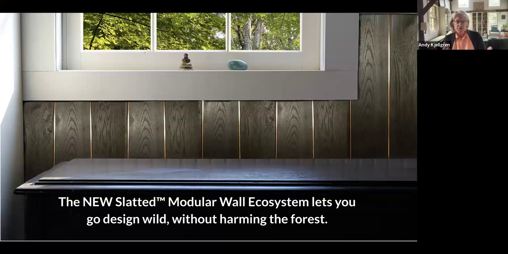So it's those two components: slats and the metal carrier. It's not a panel. It's not a 4x8 sheet of wood that we're transporting across the country. It's a pile of slats and a pile of metal carriers. We have 5 different metals and 5 different woods, so you can create over 25 different products using our modular wall ecosystem.